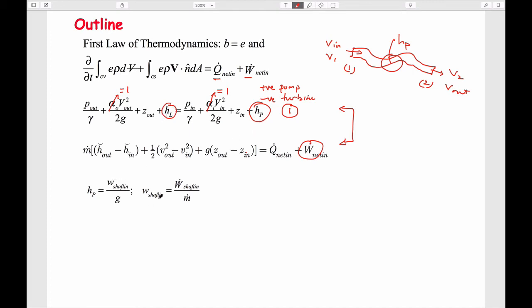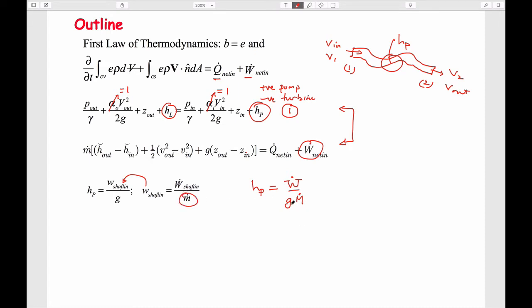If it's a pump in the system, then you can substitute this into here, and you get exactly that expression that we defined one page ago, which is that the pump head is equal to the power in watts, joules per second, divided by g times, I think we used uppercase M, but the same thing, mass flow rate.